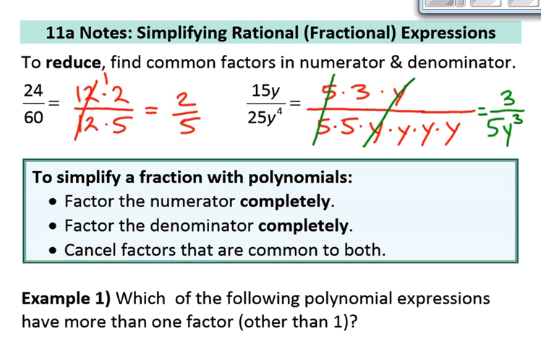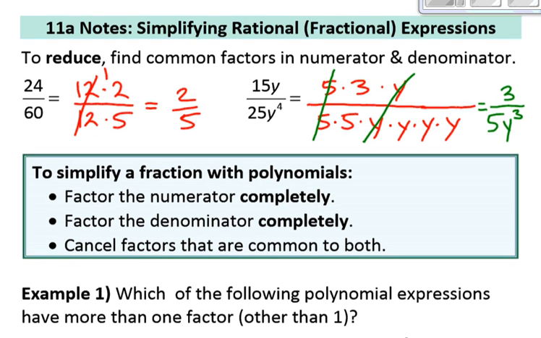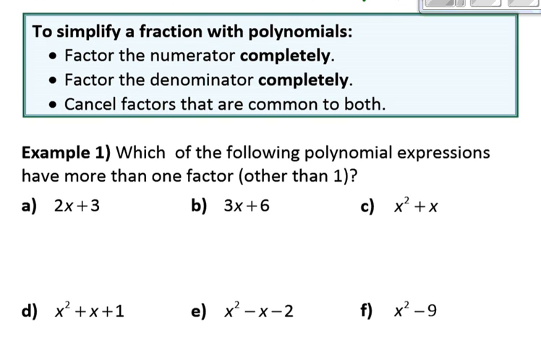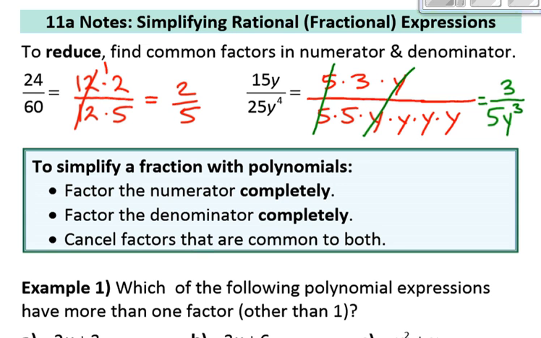Now, before we talk about rational expressions, we want to review factoring, because what we were doing in those first two examples is we were factoring both the numerator and denominator and canceling out those common factors.